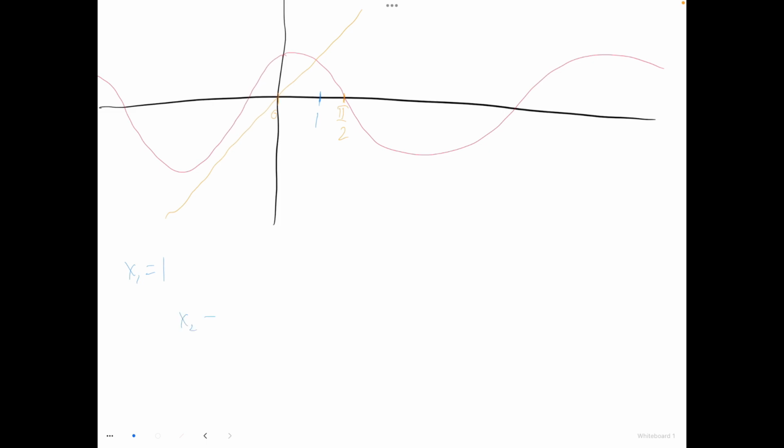So x sub 2 will be equal to x sub 1 plus cosine of x sub 1 minus x sub 1 divided by sine of x sub 1 plus 1, which equals 1 plus cosine of 1 minus 1 divided by sine of 1 plus 1.